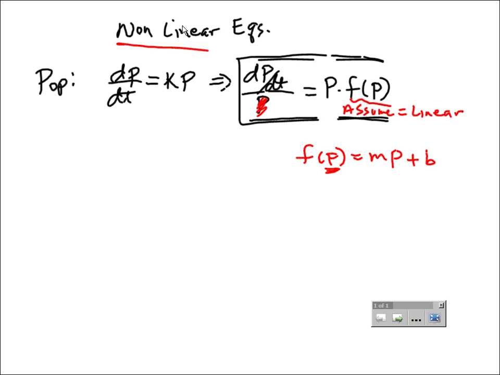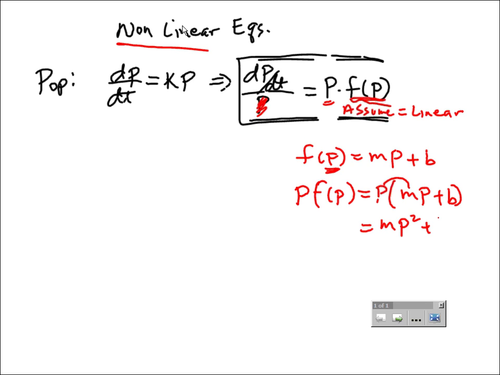Well, of course, if I take this linear equation and multiply by f of p, I'll get p times f of p, which is mp plus b. Distributing the p, we see that it's no longer linear.